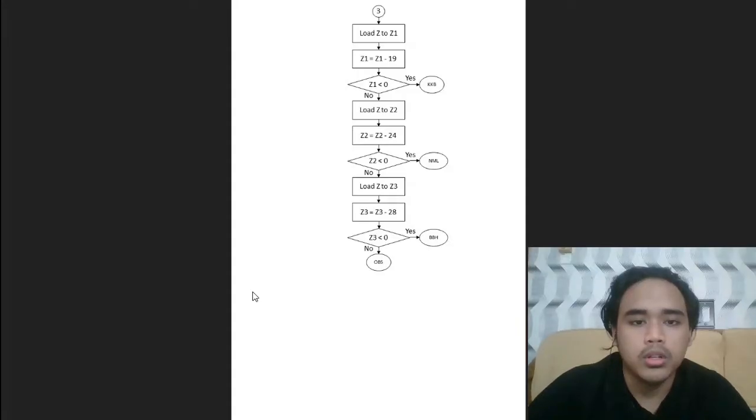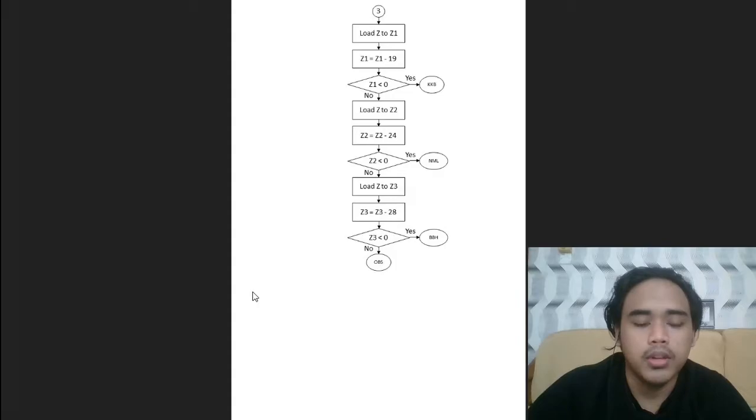If Z1 is less than 0, it goes to the loop of KKB, which is underweight. If not, it continues to detect the level of BMI. So the value of Z will be located to Z2, and Z2 will be minus 24. If Z2 is lower than 0, it goes to the loop of NML, which is normal.